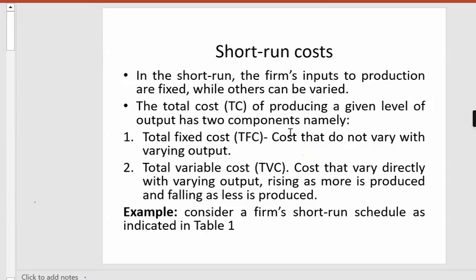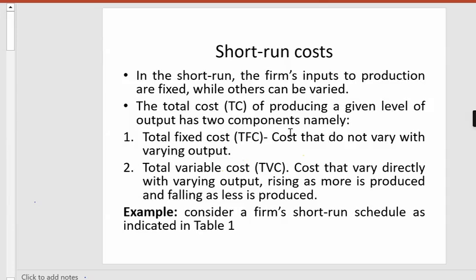If you employ 3, that means you have to multiply. So total variable cost, these are costs that vary directly with the varying output. The more you produce, the more the cost becomes. But for the total fixed cost, regardless of what you produce, the cost will remain as it is.